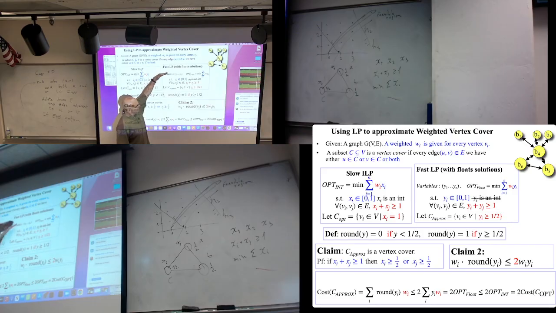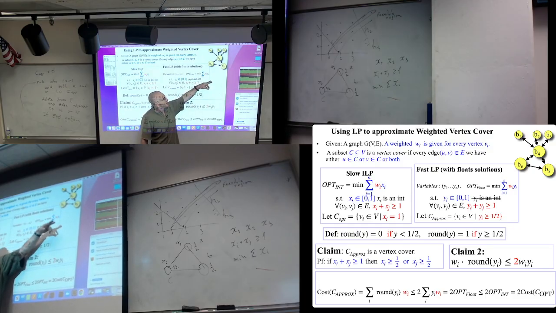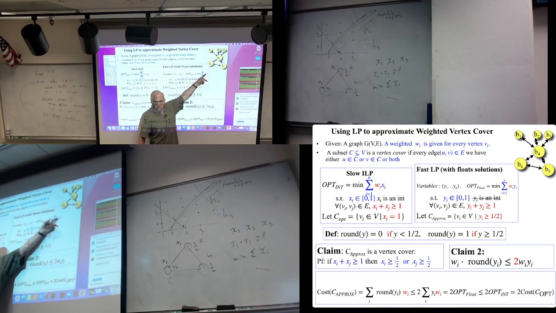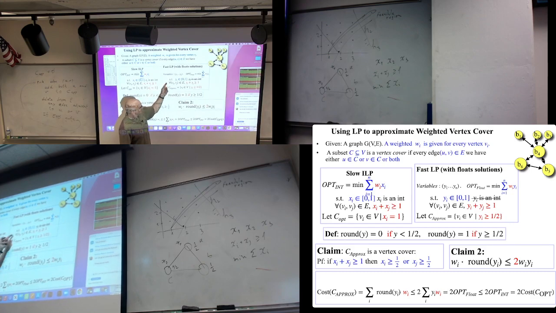So my approximation algorithm goes as follows. I'm going to solve the weighted problem. I call them yi instead of xi's so I'll distinguish between them, but xi is just yi over here. That is, if I used vi in my cover, then yi is the variable associated with the vertex vi for every i. I'll solve the LP.